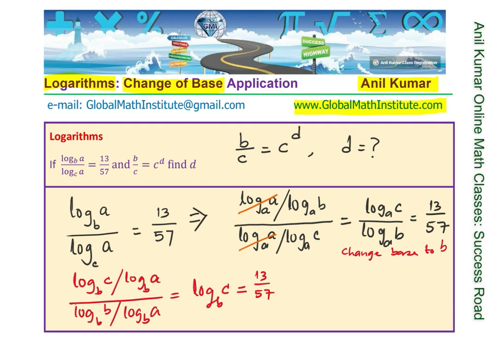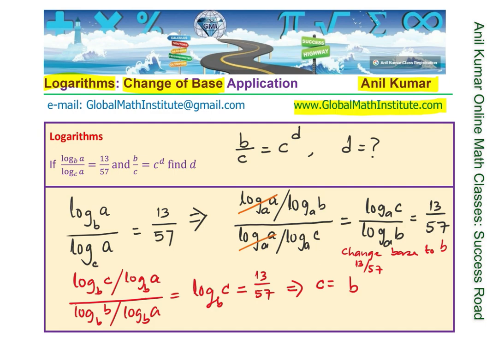Now from this expression we can write what c is, right? So from here we can write that c is equal to b to the power of 13 over 57. So that becomes the value of c, but we are actually interested in finding b over c, and we are also looking into the exponent of c. So what is b equal to?